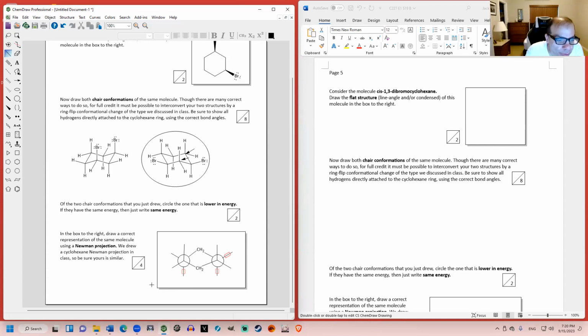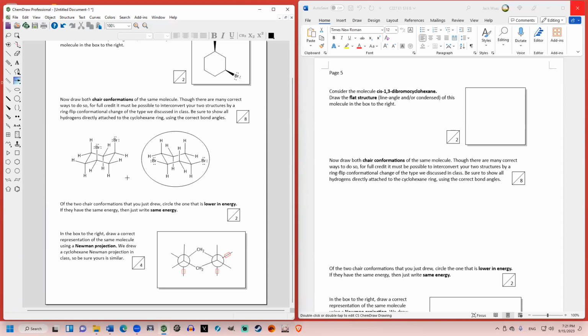So let me see where my bromines are going to go. Could we also draw it in which it's two branches going diagonally upwards and one branch going straight down, rather than two branches going diagonally downward and one branch going straight up?